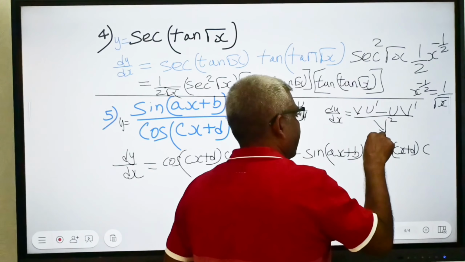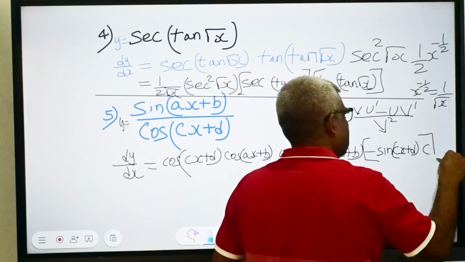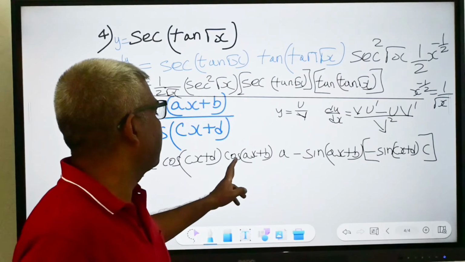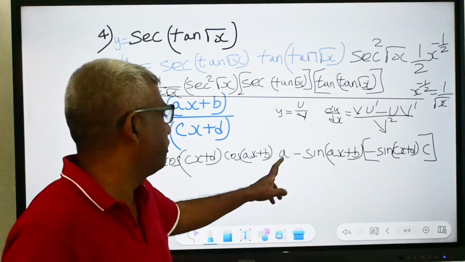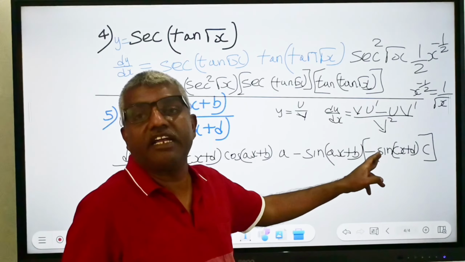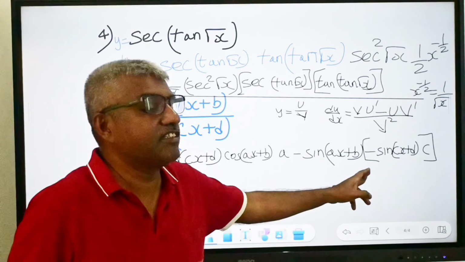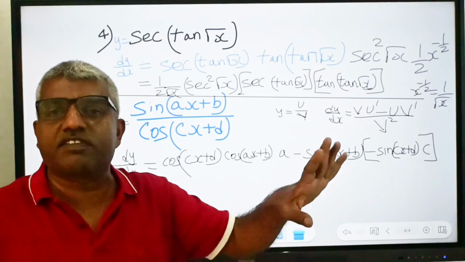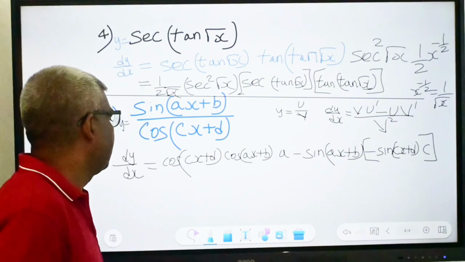Put it in brackets. Otherwise it will look like cos(cx plus d), cos(ax plus b) times a minus sin(ax plus b). The minus will come; it is not minus, you have to multiply it. Be very careful. Most of the students commit these mistakes.